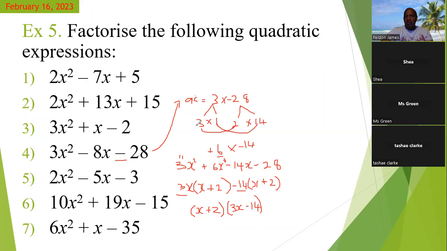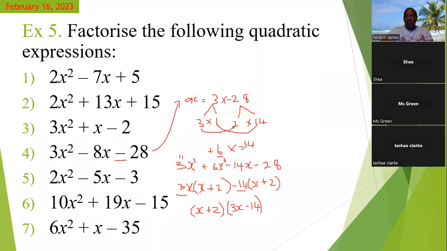If you use 3 with 2, then the 1 has to go with the 14. So 1 times 14 gives you 14. But we know that these two factors, 6 times 14, will be the same as 3 times 28. So these two numbers are pretty much two factors of the product of 3 and 28.